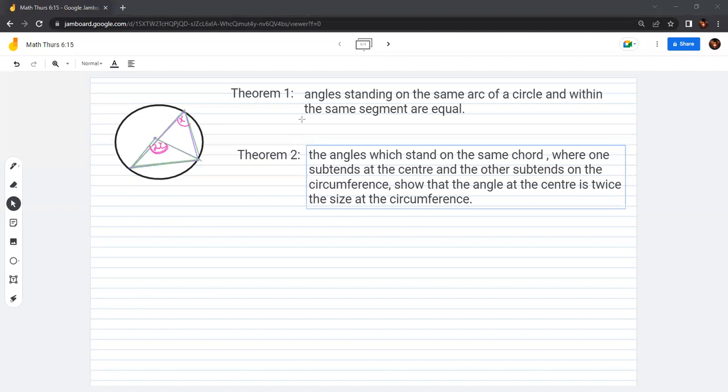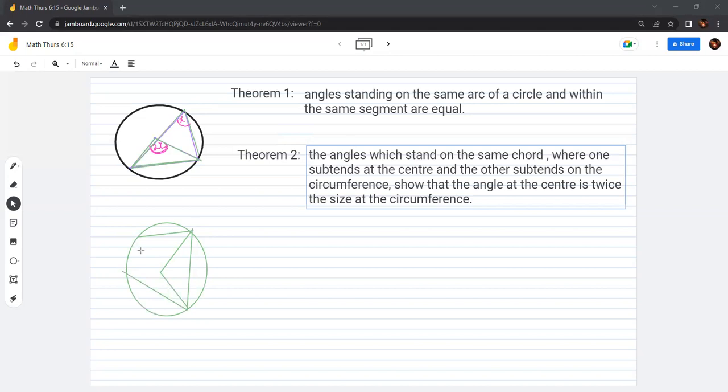So that simply means that, let's say I have this, and maybe we have a chord like this, where one angle is extended or subtended at the center, while the other onto the circumference, it could be any direction.